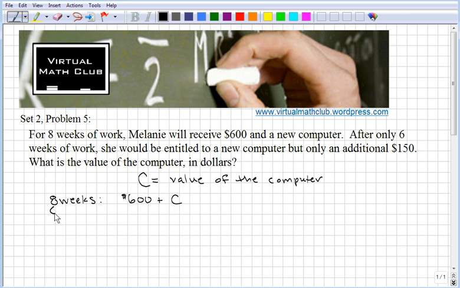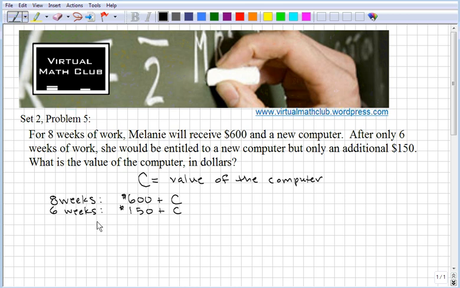And for 6 weeks, she would get $150 plus a computer. Right? So that's what we're given. It's always a good idea, right off the bat, to just list out what you know.